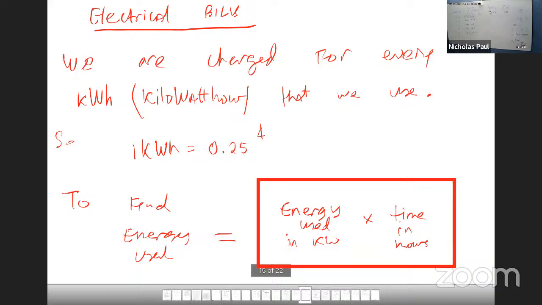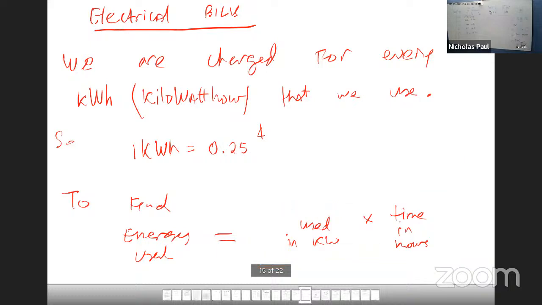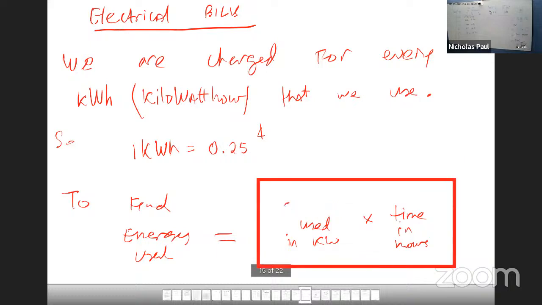What is normally in kilowatts? Watts. What is normally in watts? Power. So I made a little mistake. It should be power used in kilowatts by time in hours.